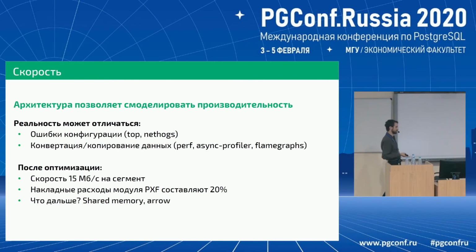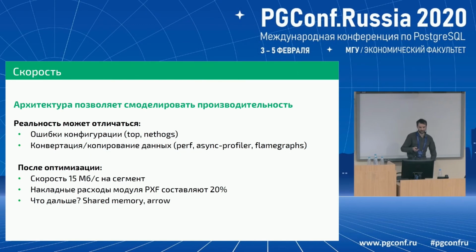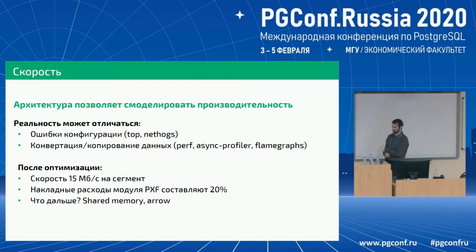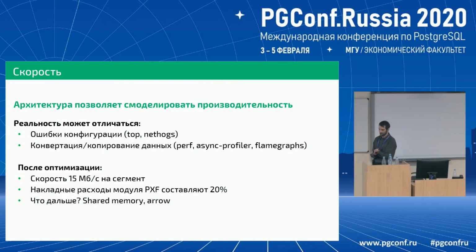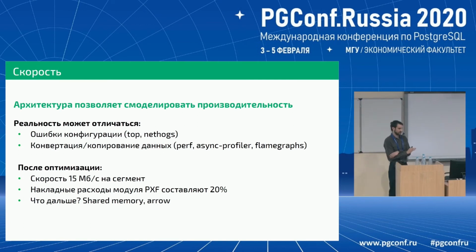We noticed it through top and other network monitoring tools. It happened that CPU core load wasn't equal, and the network traffic generated on Greenplum is higher than what gets to ClickHouse. So obviously there was something wrong.